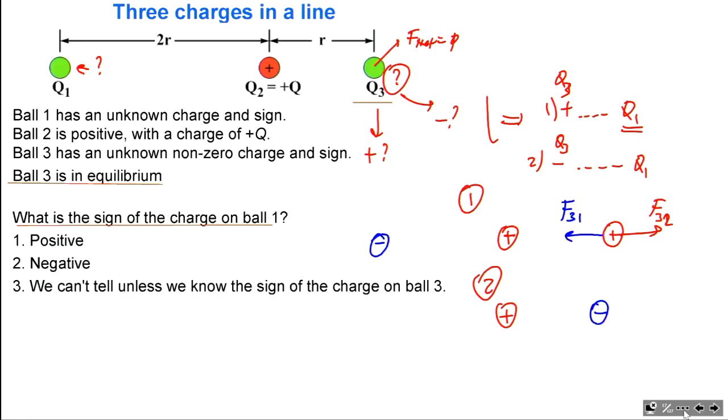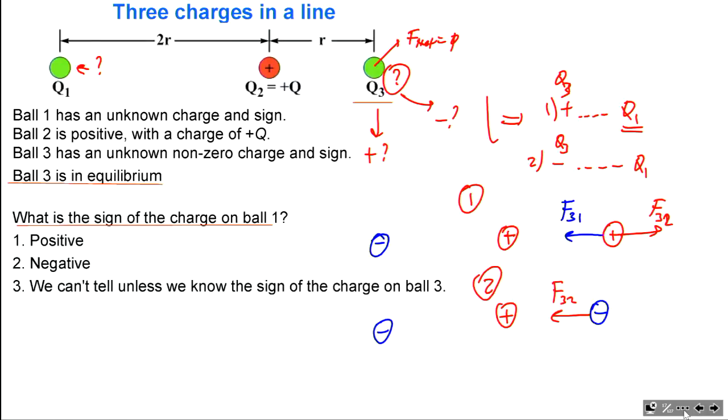Now, please, if you finished, you should know that the charge on the left, charge number 1, is negative again. So what should we have done? First, charge number 2 attracts charge number 3.